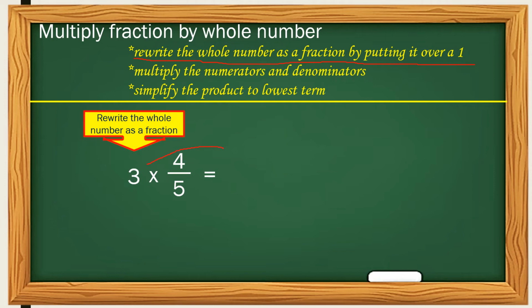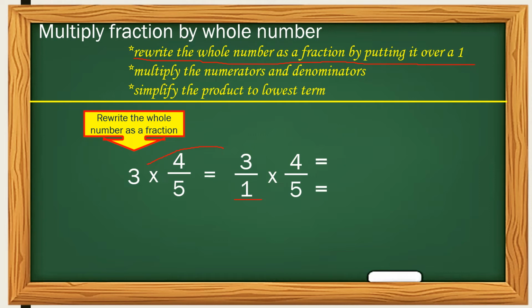So magiging 3/1. Yung 3 naging numerator at nilagyan natin siya ng 1 as denominator. And then, multiply the second fraction, which is 4/5, is equal to.